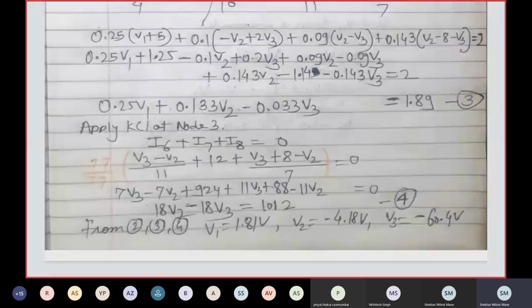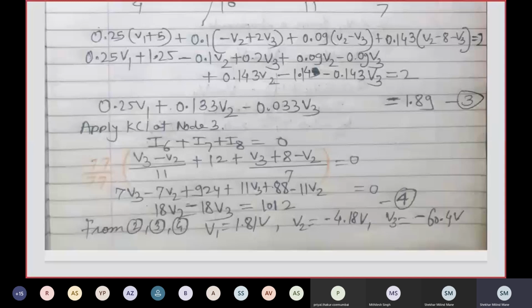So you can see I6 plus I7 plus I8 is equal to 0. So V3 minus V2 upon 11 plus 12 plus V3 plus 8 minus V2 upon 7 is equal to 0.